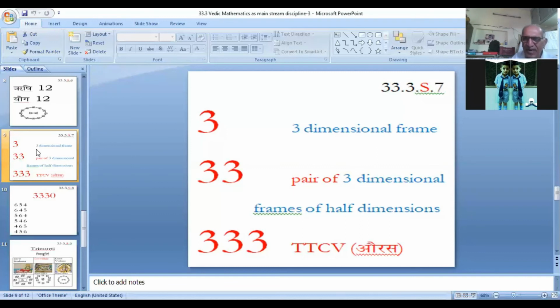Now a step ahead, when we will be having a split for 3 as a pair of threes, when a three-dimensional frame will split into a pair of three-dimensional frames, then the origin transcendence will provide an inherent format, and this inherent format will be of the form of a gap.